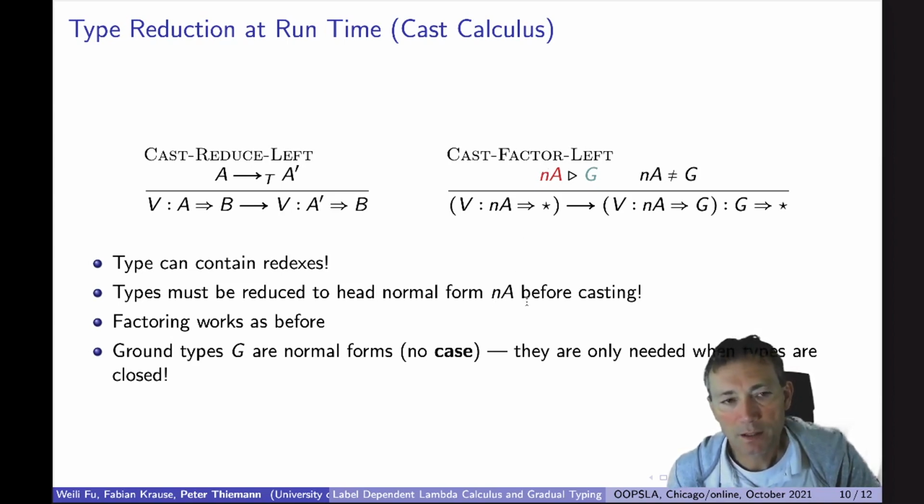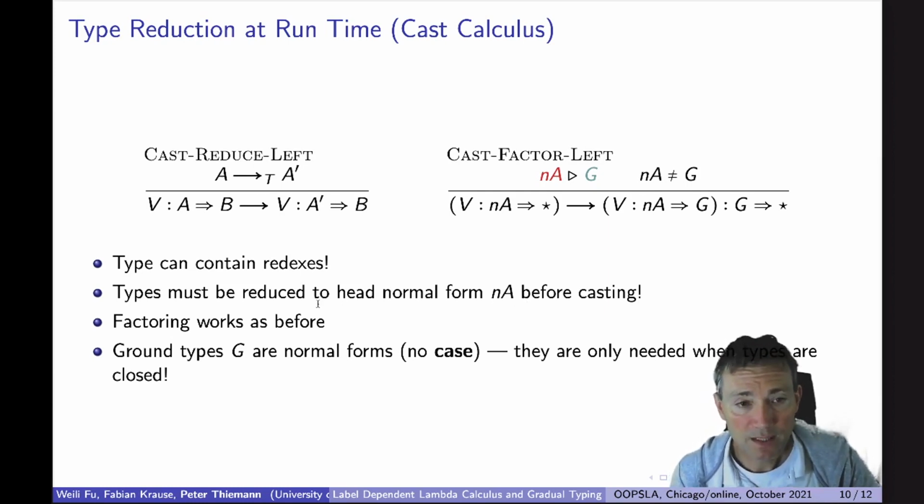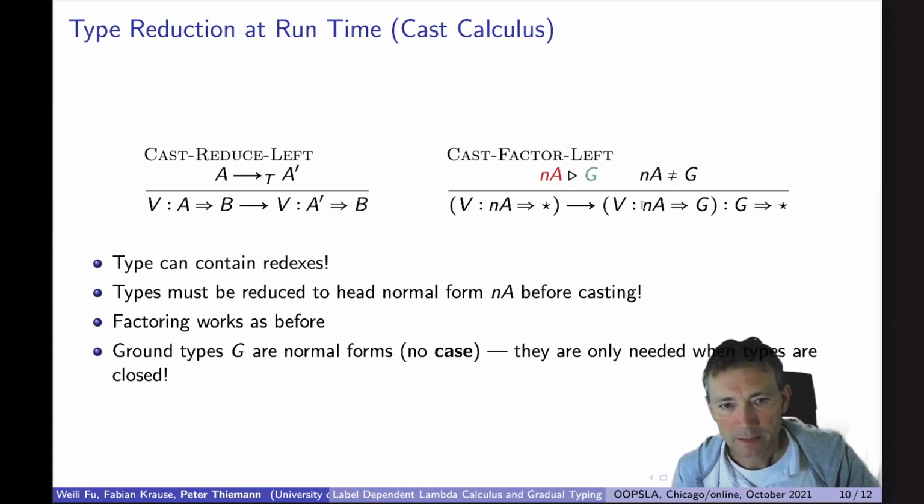Now, once we've successfully reduced types to this head normal form, then we can proceed with factoring. And by the way, I've omitted the mirroring rules that work on the right type B here. Now the factoring then works as before. And here the factoring means we factor into a cast to a ground type and then ground type to dynamic type.